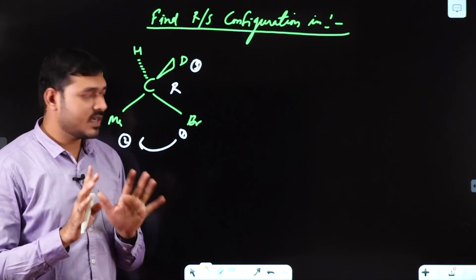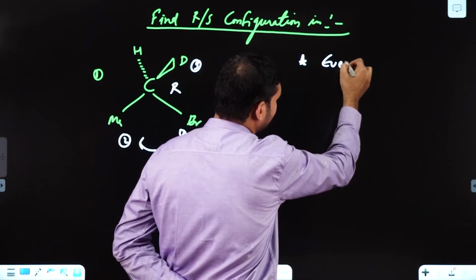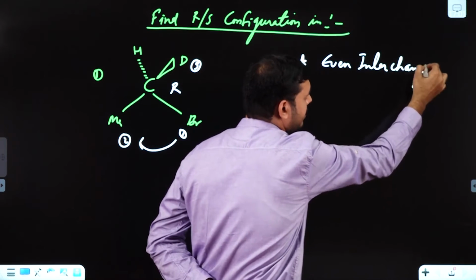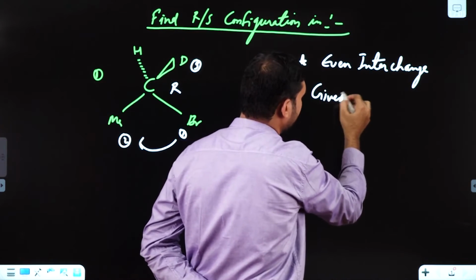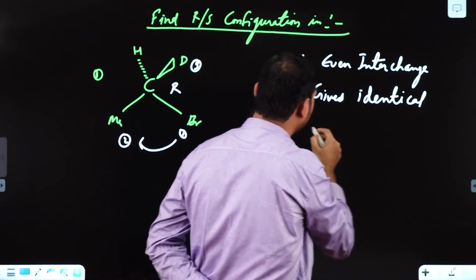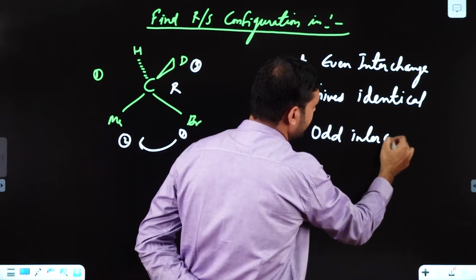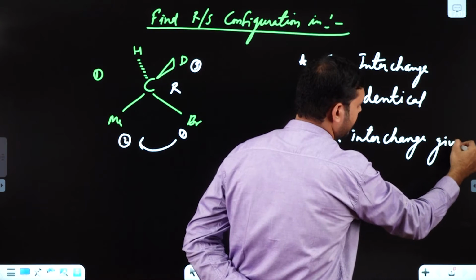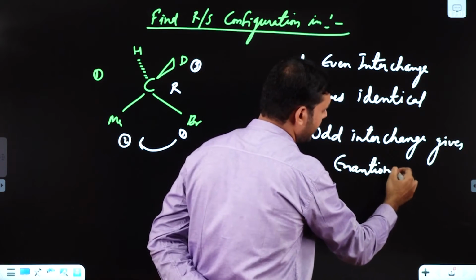Okay, first one is: even interchange gives identical, odd interchange gives enantiomer.